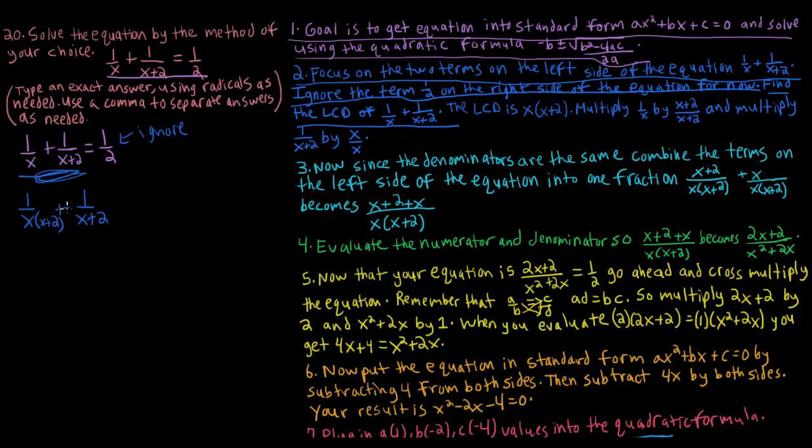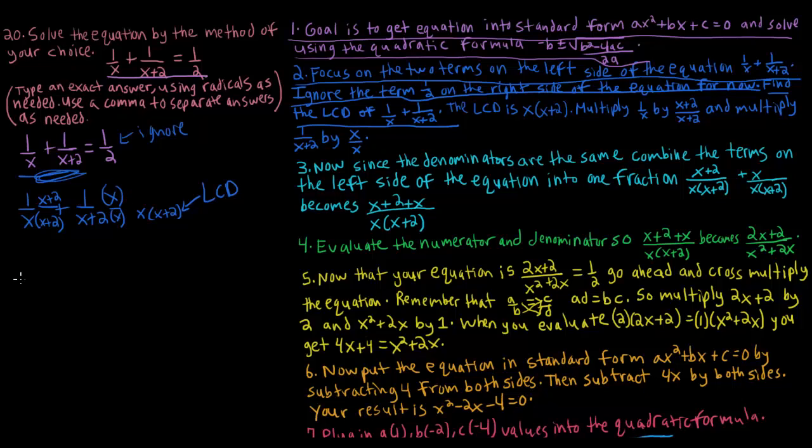The LCD would be a combination of x and then x plus 2, so the LCD would be x times x plus 2. So we need to multiply that out for each of these. x needs to be multiplied by x plus 2 on the numerator and the denominator, and then x plus 2 needs to be multiplied by x on the numerator and the denominator.